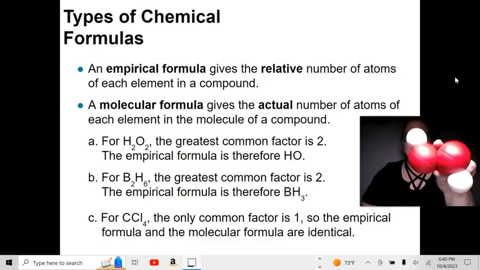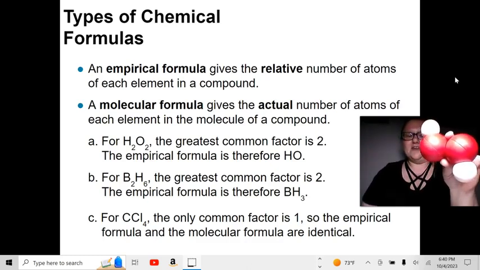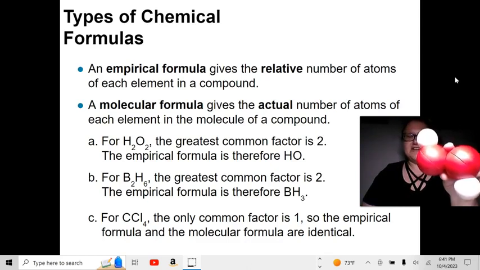Okay, and so H2O2, the actual formula says I have 2 oxygen, which are the red, for every 2 hydrogen, which are the white. And that is the molecular formula. This is H2O2, and you probably have some of this in your home as well as the water. This is hydrogen peroxide.